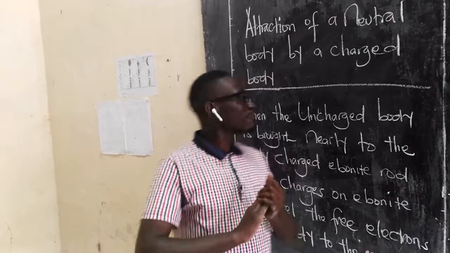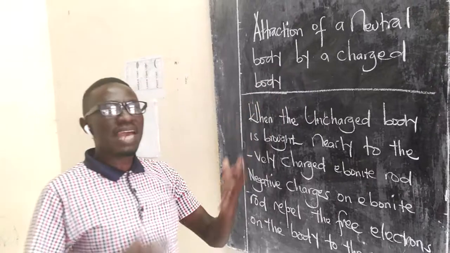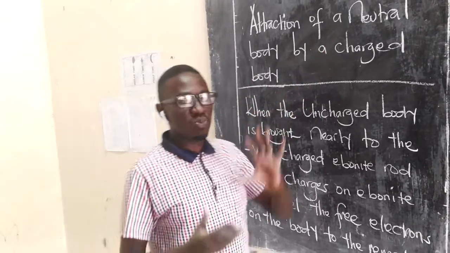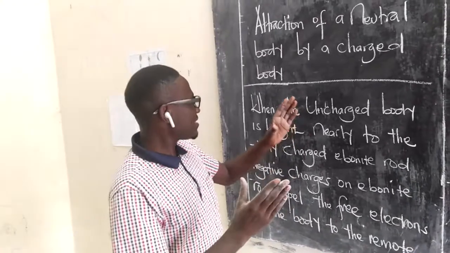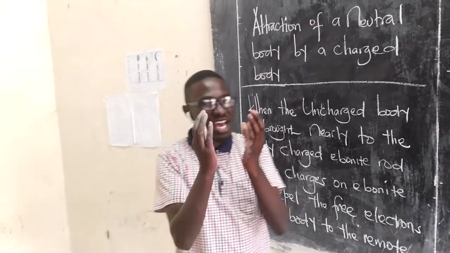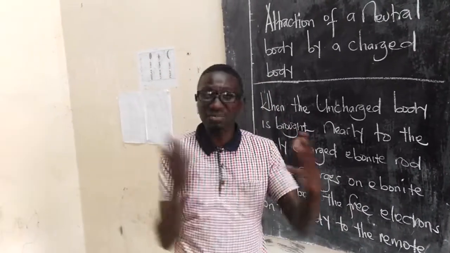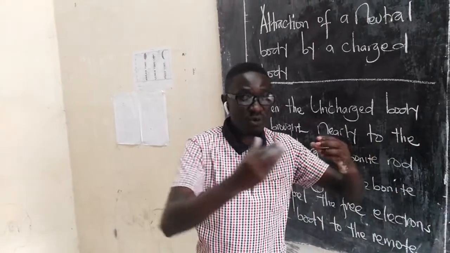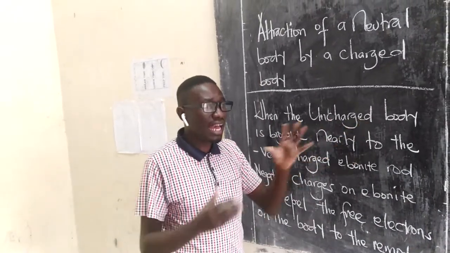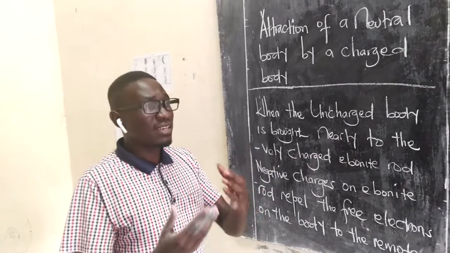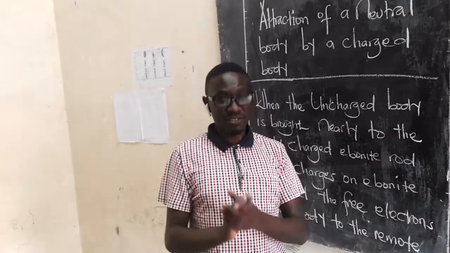Okay guys, let us look at how a neutral body can be attracted by a charged body. Just imagine. We are saying that a charged body can be positively charged or it can be negatively charged. Now when you bring it close to a neutral body, and in this case a neutral body is that body which has both positive and negative charges.